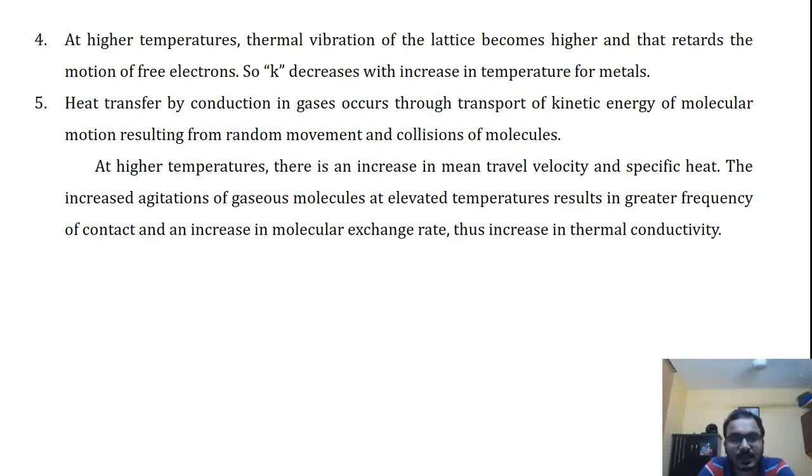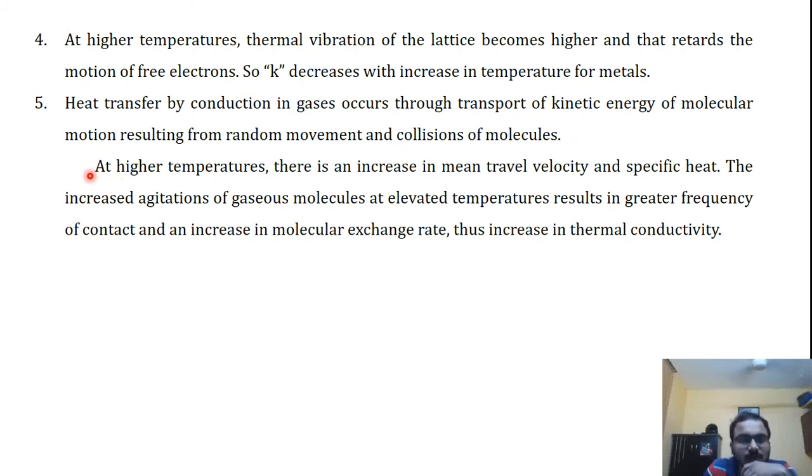At higher temperature, there will be an increase in the mean travel velocity and specific heat. Here, the increased agitation of gaseous molecules at elevated temperature results in greater frequency of contact and increase in molecular exchange rate, thus increase in thermal conductivity.